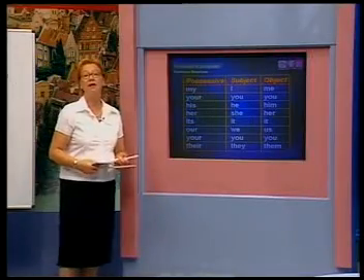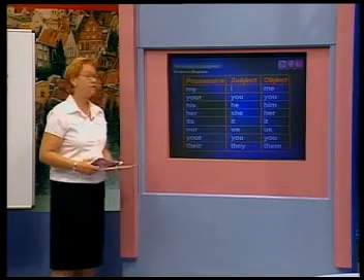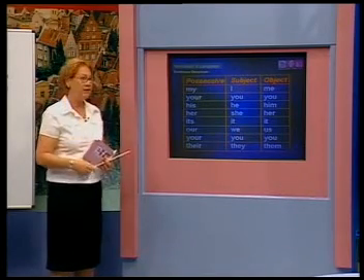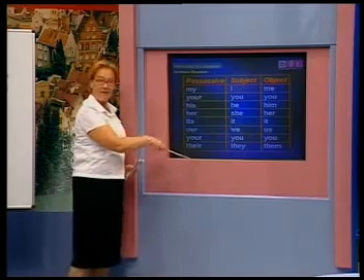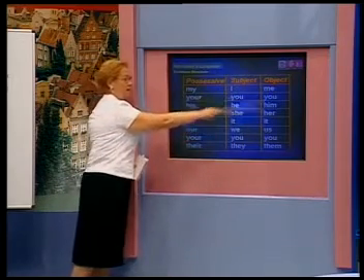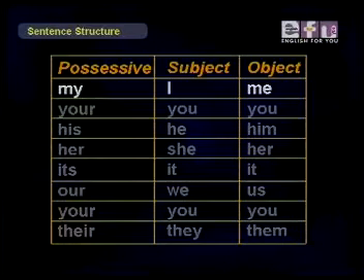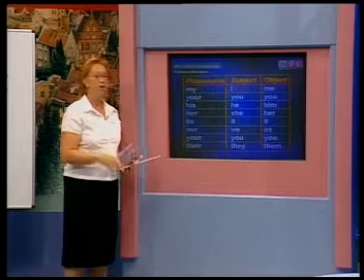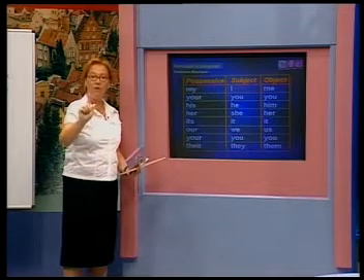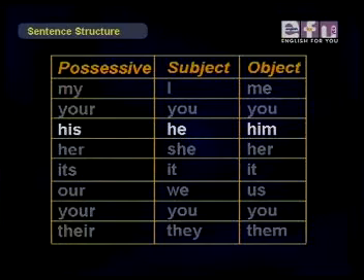These are 3 of the pronouns. So listen to the sounds. We have possessive, subject, and object. My, I, me. Your, you, you. His, he, him.